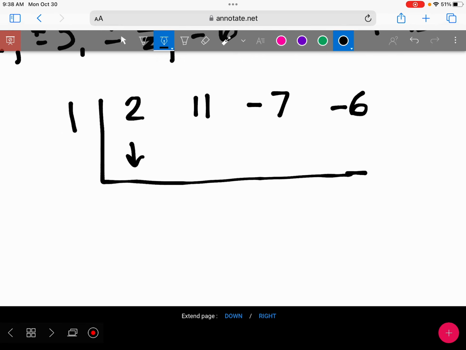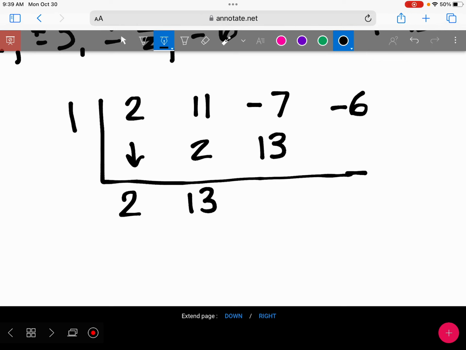First term always drops. What's going to go up here? 2. And below? 13.